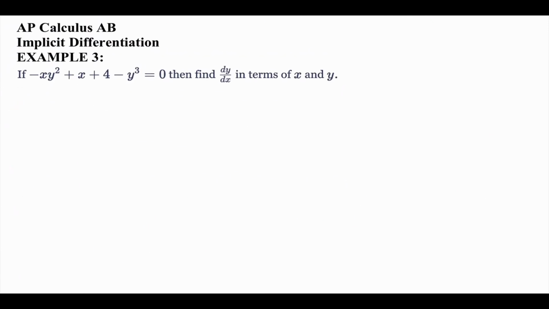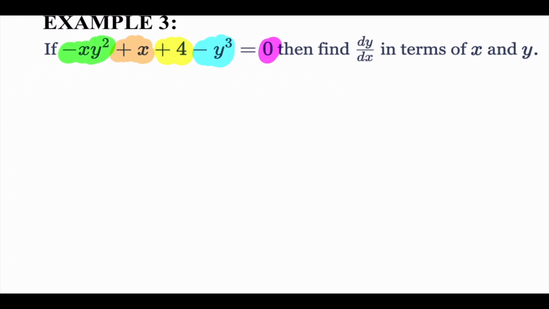Okay, so let's go step by step. The first term is this guy in green. The second term is this guy in orange. The next term is yellow. Then this guy, and then 0 is the last term. So I'm going to go step by step.